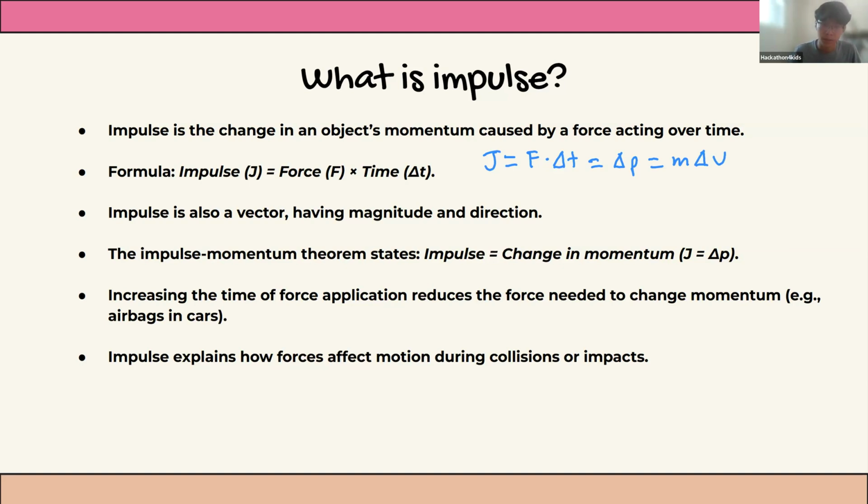Impulse is important in situations where forces act for short durations, like in collisions or sports. Say when a bat hits a ball, the bat applies a large force over a small amount of time, giving the ball a sudden change in momentum. Increasing the time over which a force acts, such as following through on the swing, can reduce the impact force while still delivering the same impulse.